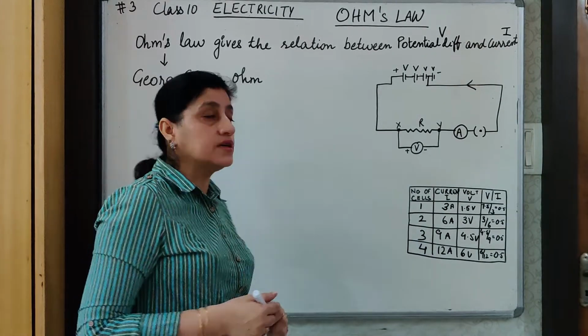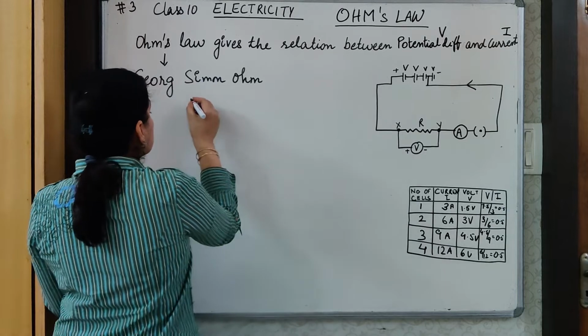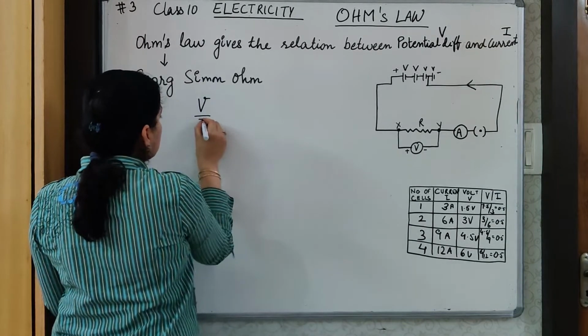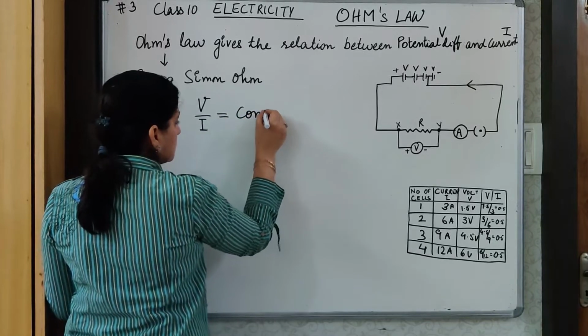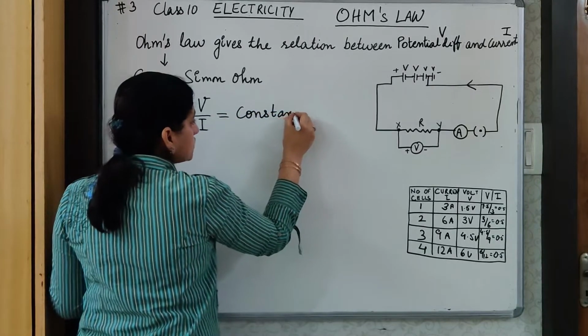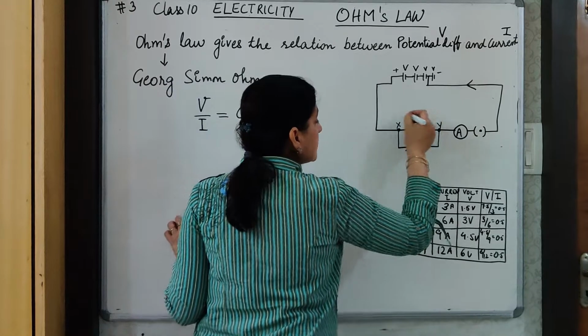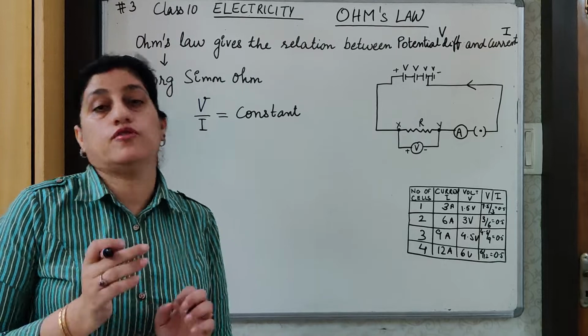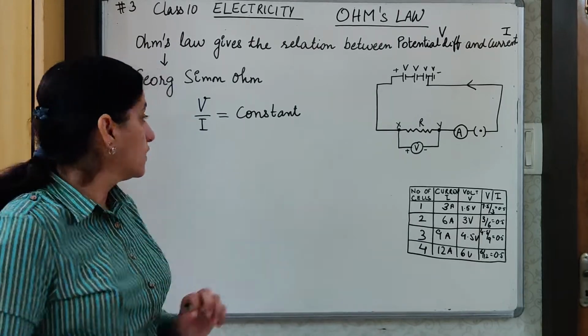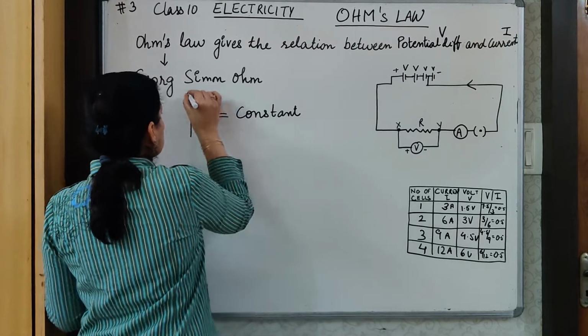From this experiment, Simon Ohm concluded that V upon I is a constant. It remains constant for a given wire. This was his conclusion.